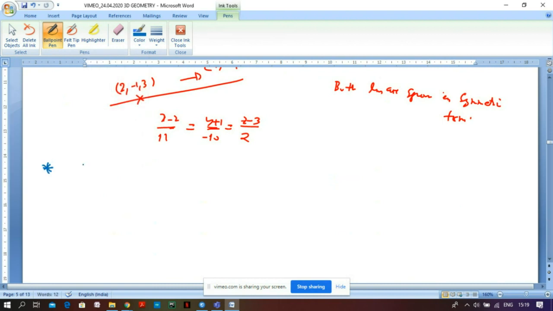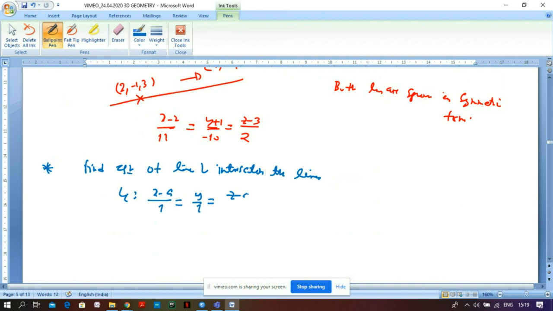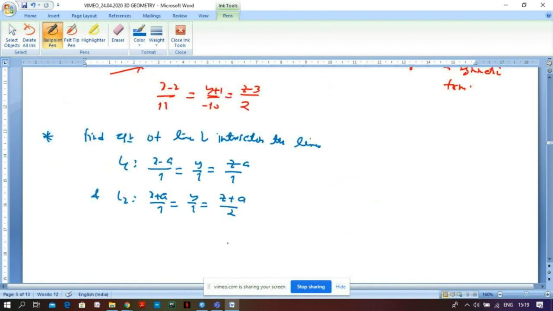Find the equation of line L intersecting the lines L1, that is (x - a)/1 = y/1 = (z - a)/1, and L2, that is (x + a)/1 = y/1 = (z + a)/2. So you want to find the equation of a line intersecting the lines. Same as the previous problem, but with a little change.